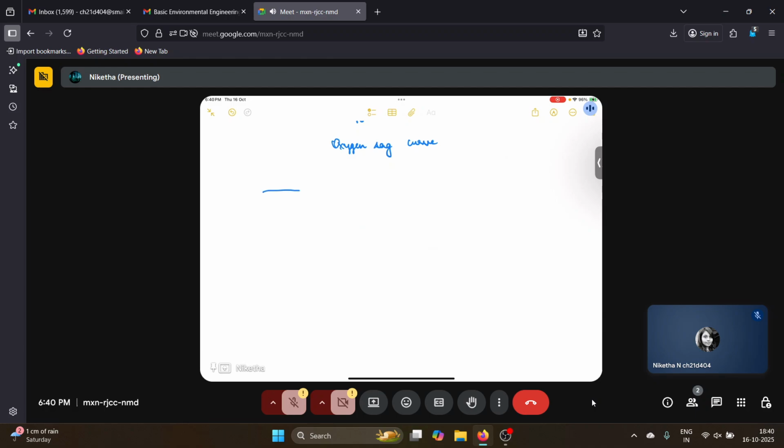So first we have the clear zone where the oxygen level is constantly maintained, and the level of oxygen present here is 8 to 9 ppm. This is the maximum concentration of dissolved oxygen, or the saturation concentration in water. So it is constantly maintained at 8 to 9 ppm in the clear or clean zone.